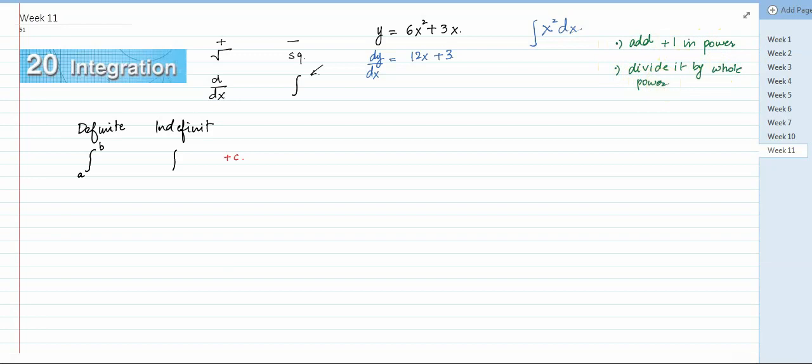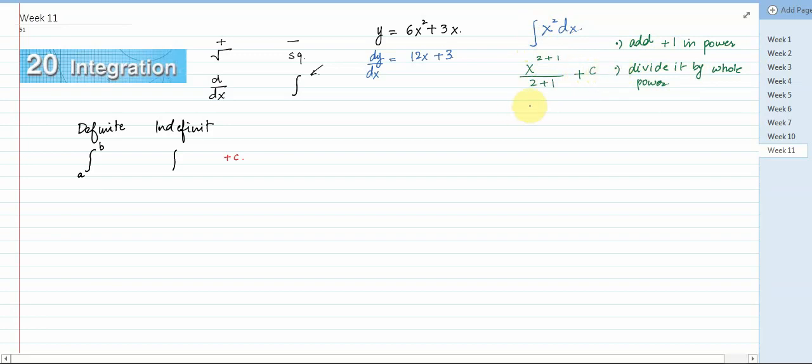Alright, so if you see, we have x square dx. The integrate of x square is what we had decided here, that we need to add 1 in the power, so it will be x power 2 plus 1 and divided by whole power. So whole power is 2 plus 1, and since we are dealing with indefinite integral, so we need to introduce a constant, and that is c.